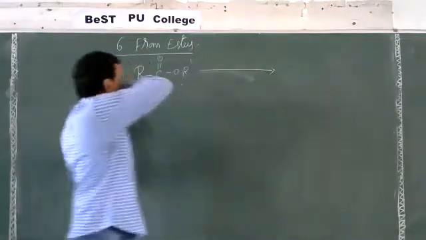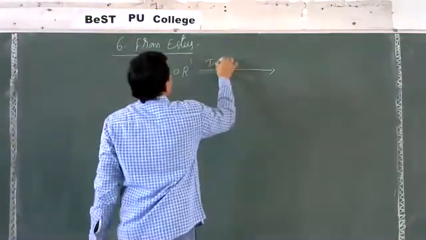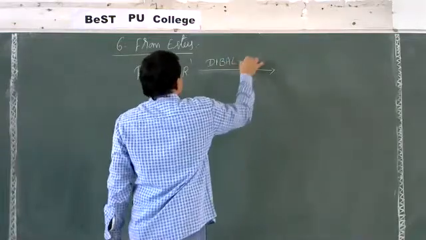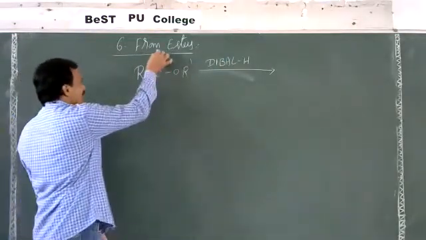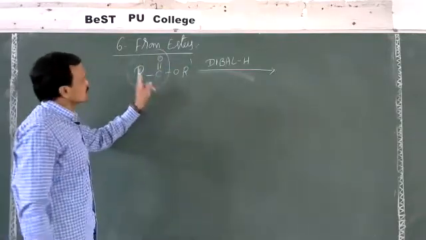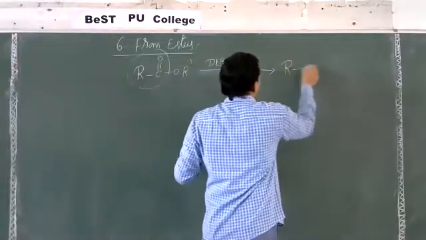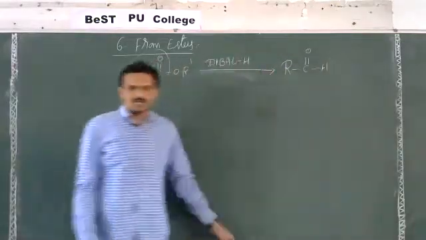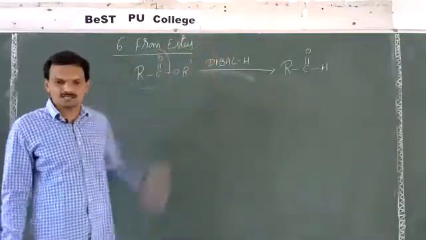So this is a reduction of ester with DIBAL-H, diisobutyl aluminum hydride. The RCO is reduced to the corresponding aldehyde RCHO. So DIBAL-H reduces esters to the corresponding aldehydes.